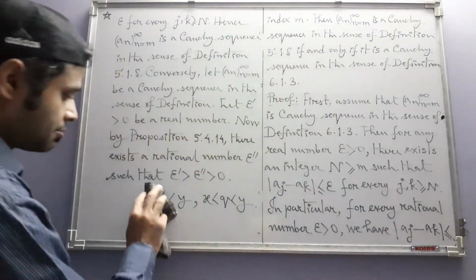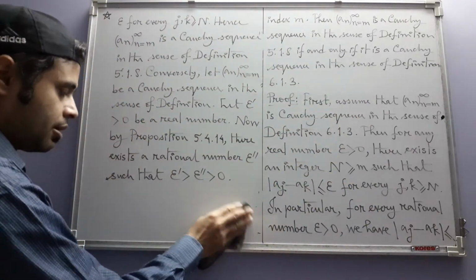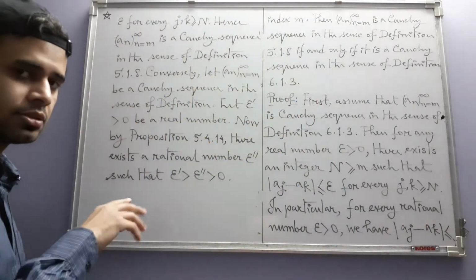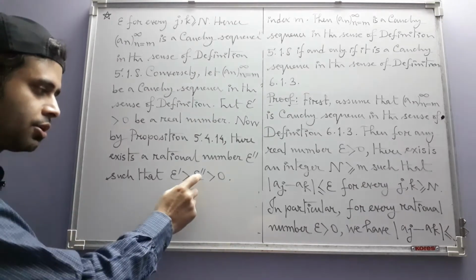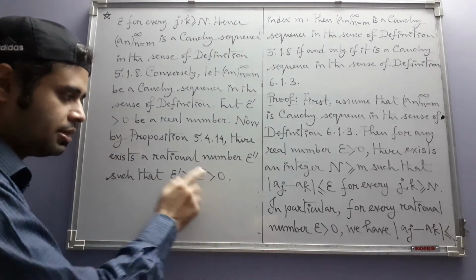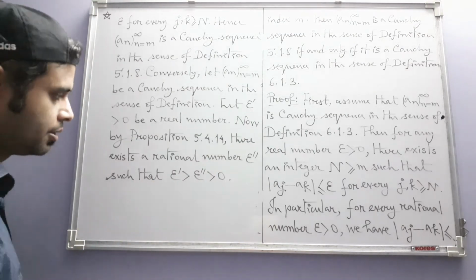Okay, now because epsilon double prime is a rational number and the sequence is Cauchy by the old definition, we can apply the definition for this rational number. And note also that this rational number is after all a positive rational number.